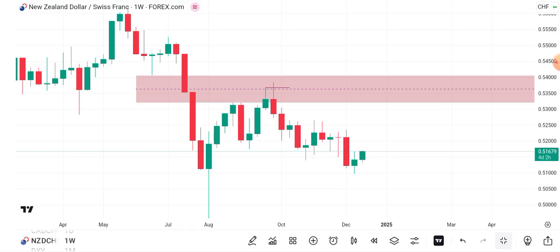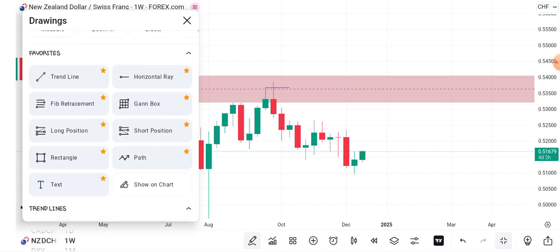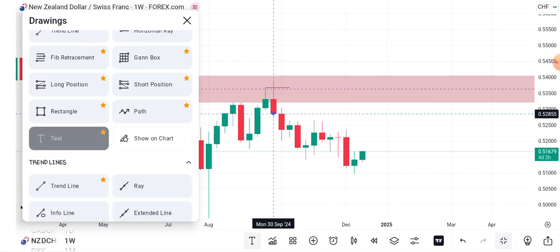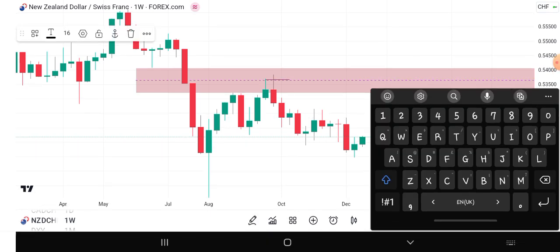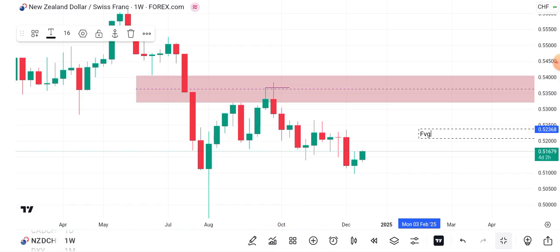Now, the first thing I saw was what? A fair value gap. Just things that could help for a nice trade idea.